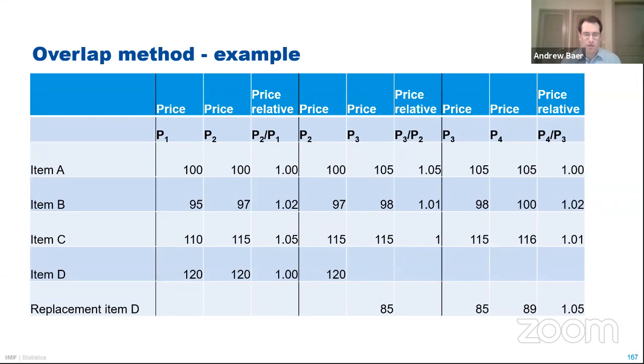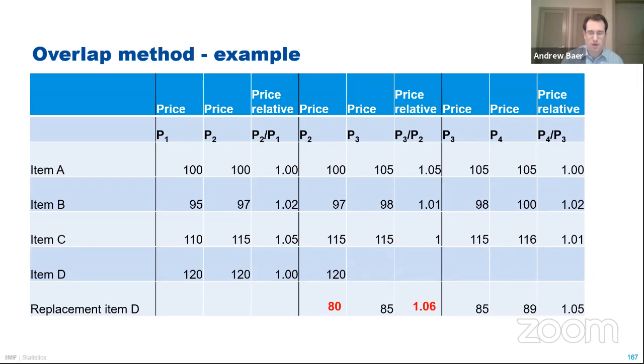If the replacement item D had no price change in period 3, if it was also sold at 85 in period 2, our price relative would be 1 for replacement item D, and we could use it in our price calculation for period 3. Now, in this example, because there is no period where both items are produced, we instead have to wait to period 4 to bring the item in.